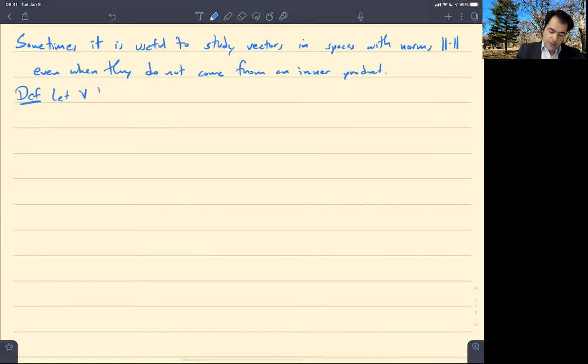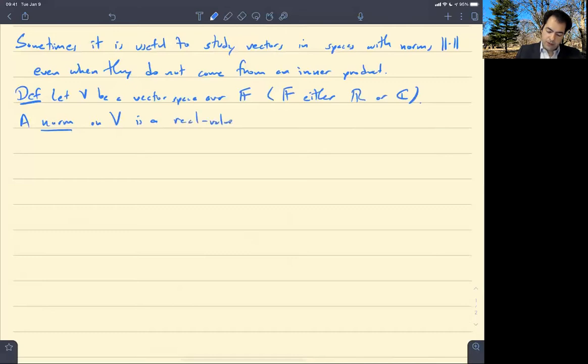So let V be a vector space over field F, and we are continuing with the convention that F is either the real numbers or the complex numbers. Then a norm on V is a real valued function, which we'll denote the usual way, such that, okay, here's what we're going to require.